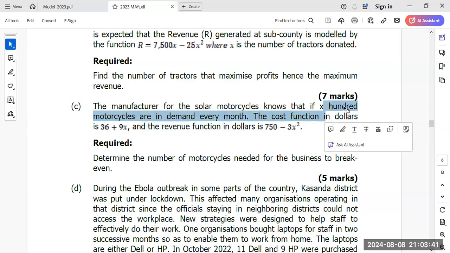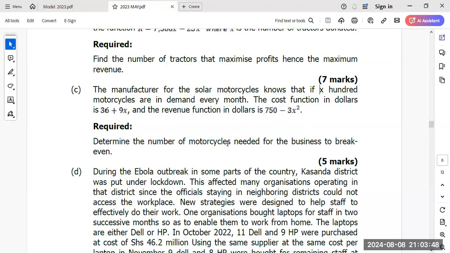Your x is in hundreds. They are telling us to determine the number of motorcycles needed for the business to break even. You have the cost function, you have the revenue function.